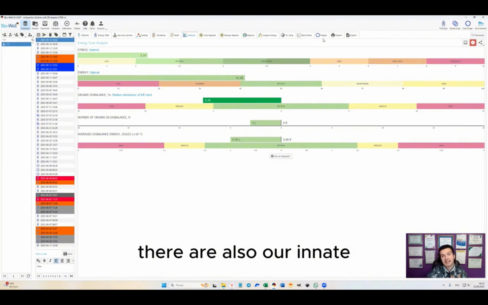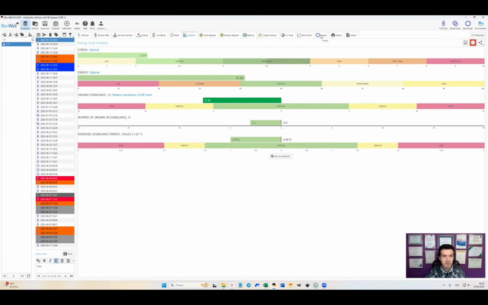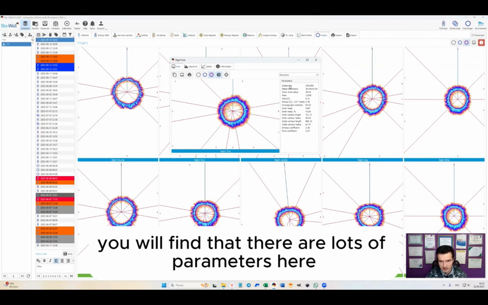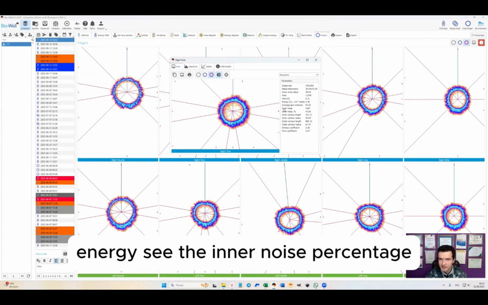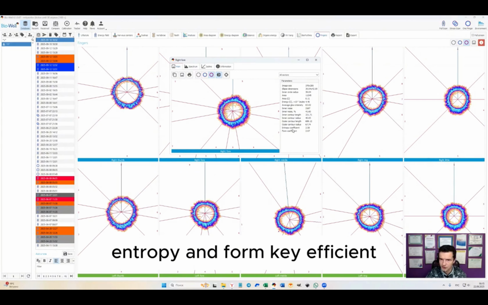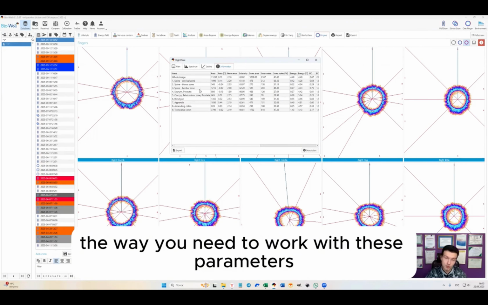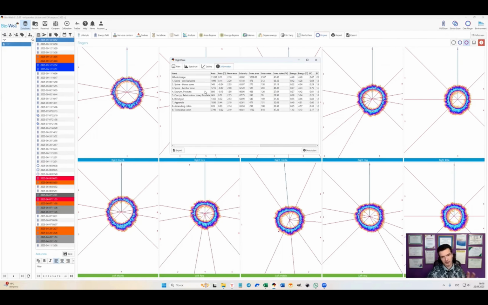There are also our own Kirlian photography Bi-Well GDV parameters. If you go to the fingers and you click on any of them, you will find that there are a lot of parameters here, like size of the image, ellipse dimensions, area, synergy, the inner noise percentage, contour length, radius, entropy, and form coefficient. Actually, the way you need to work with these parameters, what to do with them, etc., is discussed in the expert level of Bi-Well education.